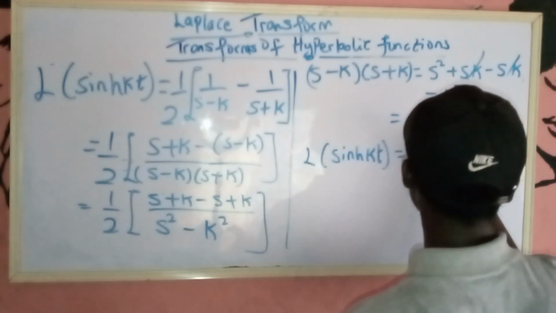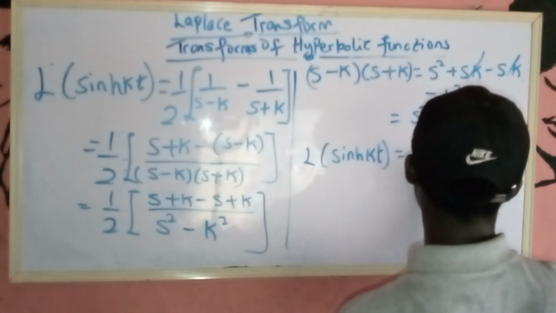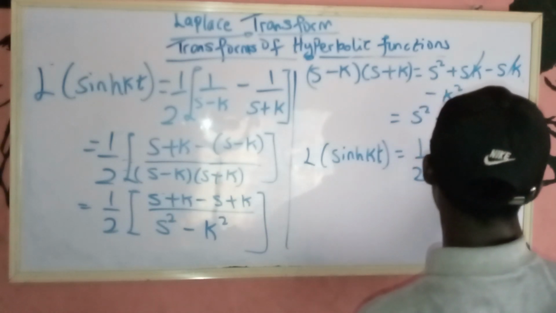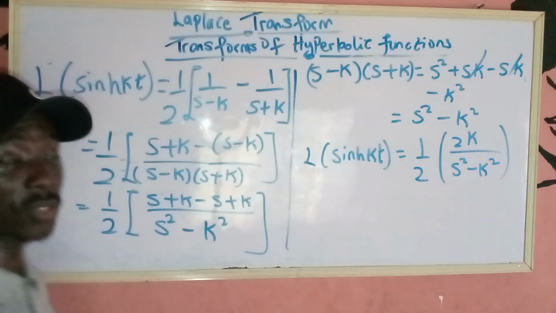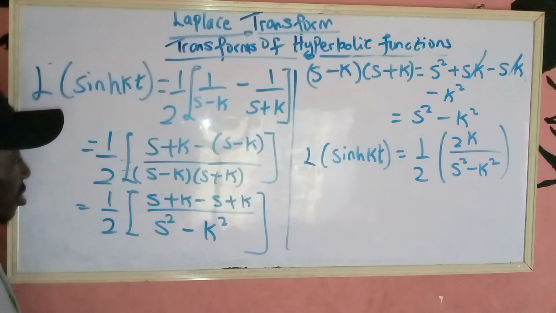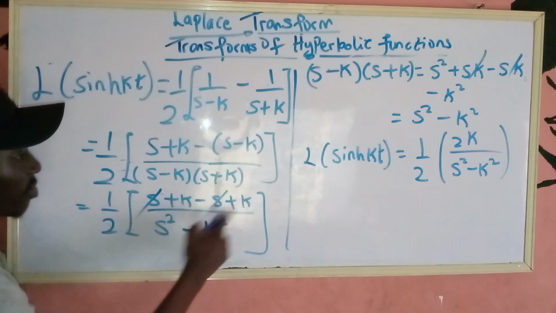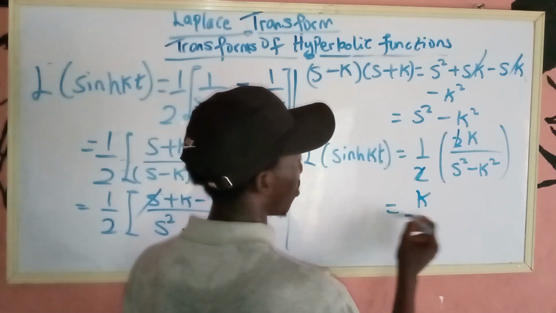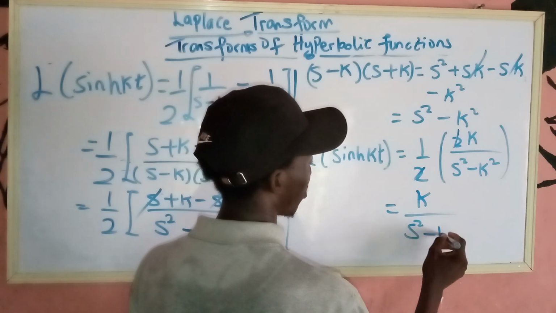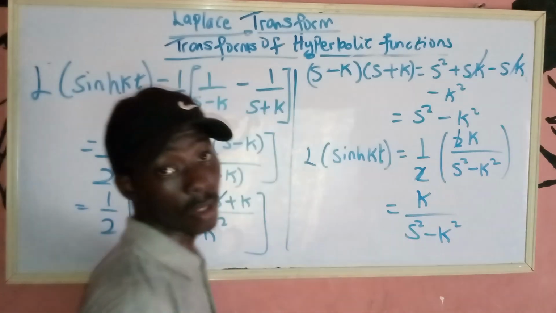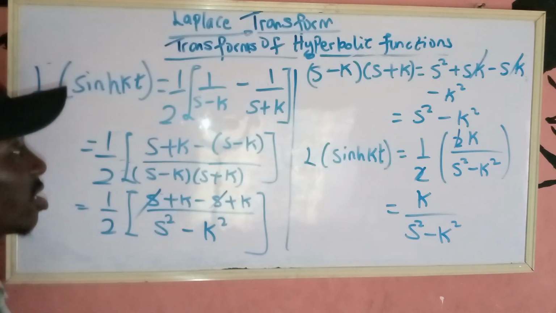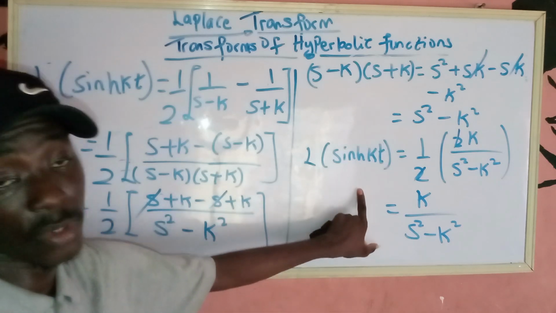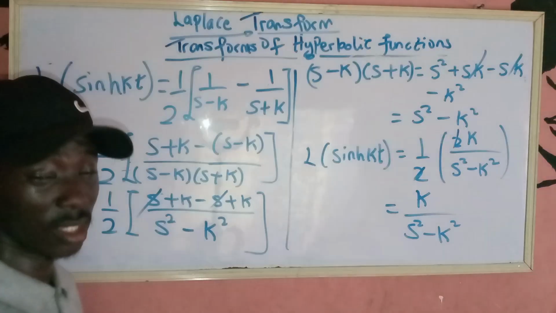This cancels this, so you are left with 2k, and the 2 cancels this 2. So that will be k over x squared minus k squared. That will be my answer. You can see this is very easy compared with finding the Laplace transform of this directly. That is very hard.